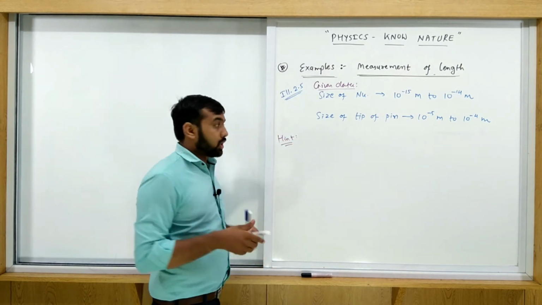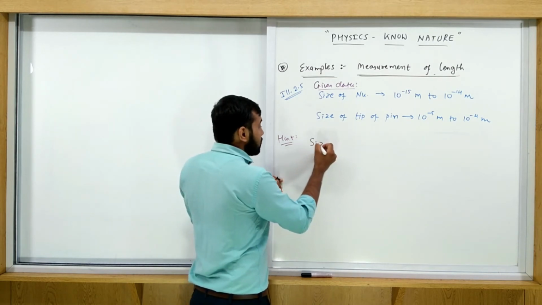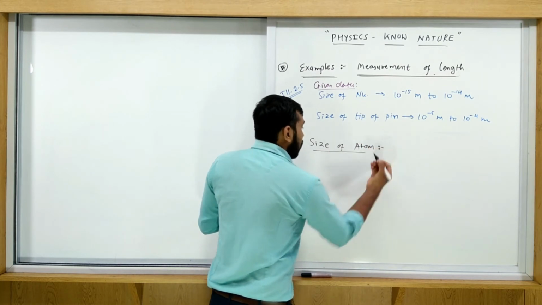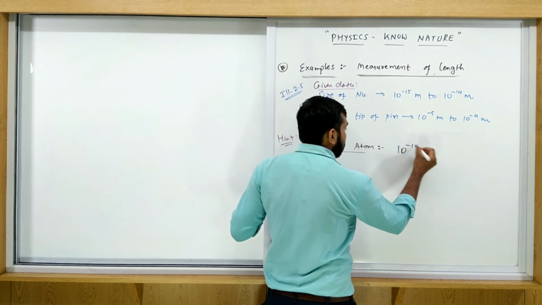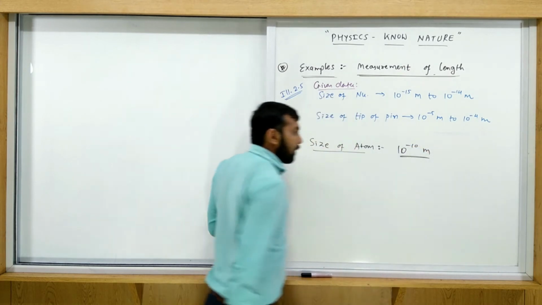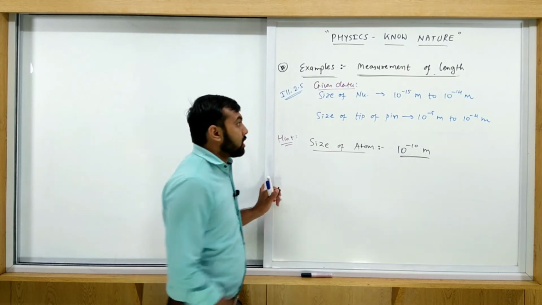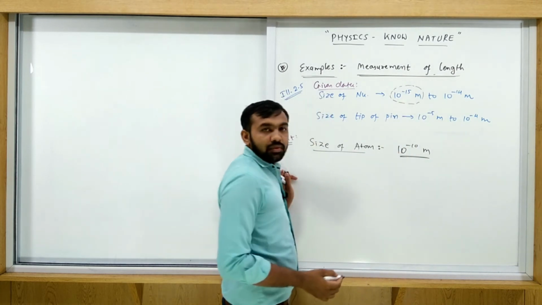So for this example, you must know about this one. What is the original size of atom? Original size of atom is approximately 10 raised to minus 10 meter. Let's consider the size of nucleus is 10 raised to minus 15 meter.